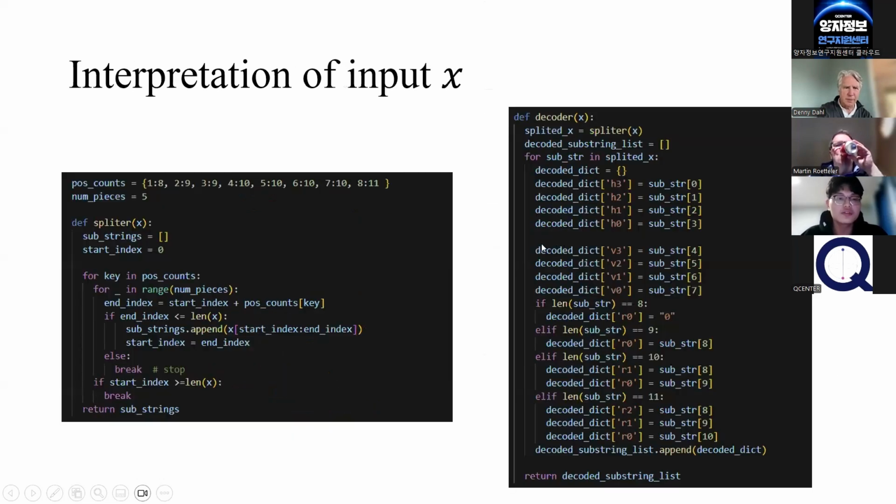Then we also need to decode the input x vector so we can substitute the necessary information into the indicator function to evaluate our cost function. The input takes the form of Boolean variables that contain H, V, and R information about the pieces. The information is ordered in increasing p-value.